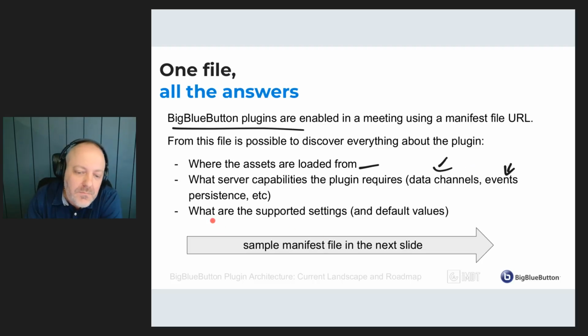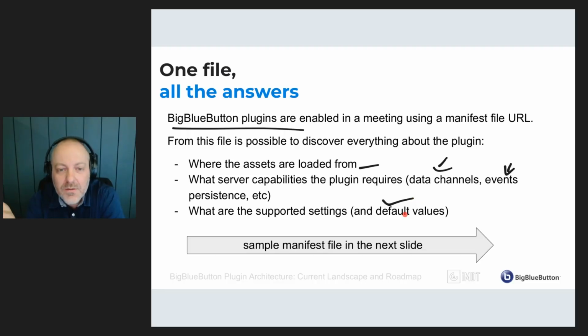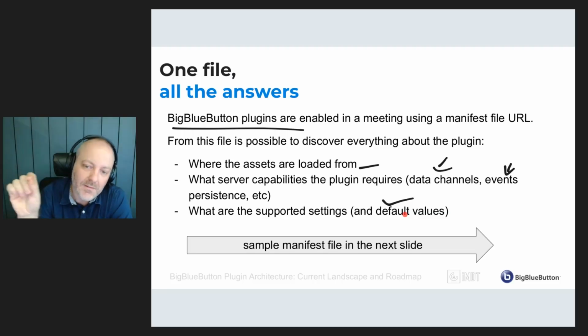And what are the supported settings? Recently, we introduced the settings schema in plugins. So imagine you have a plugin, and in future, I believe Moodle and all the integrations will understand the concept of plugins, and then you check that you're going to use plugin ABC.